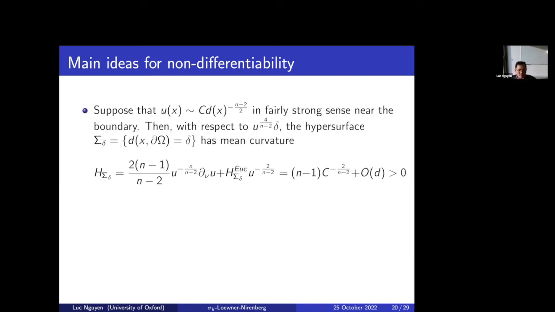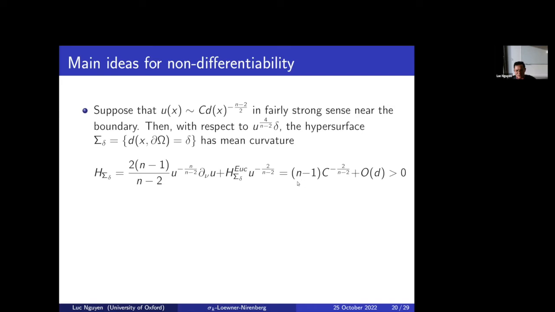Suppose now that we are in the situation in high dimension, and that the solution U behaves like a negative power of distance, in this precise form: a constant times the distance to the power minus (n minus 2) over 2. Let's suppose that we can develop this up to any precision we like, in particular up to first order. Then if we look at the surface at distance delta away from the boundary, we can calculate the asymptotic expansion of the mean curvature of this surface as delta goes to 0.